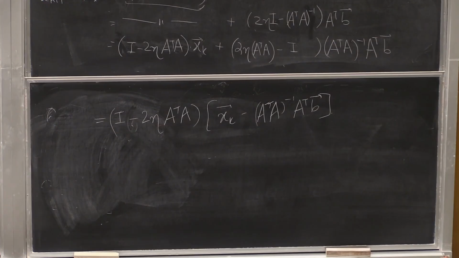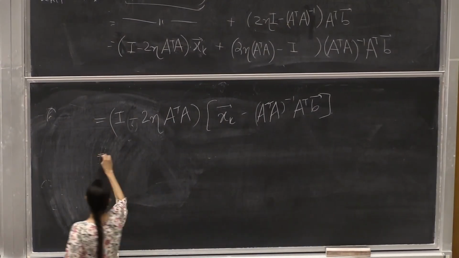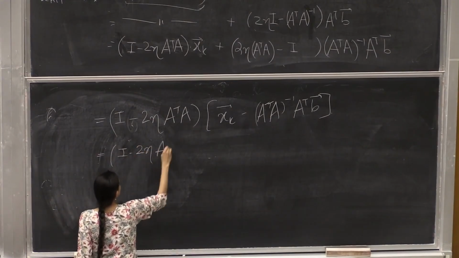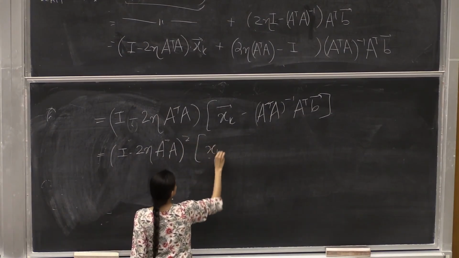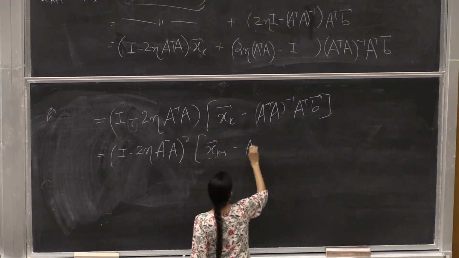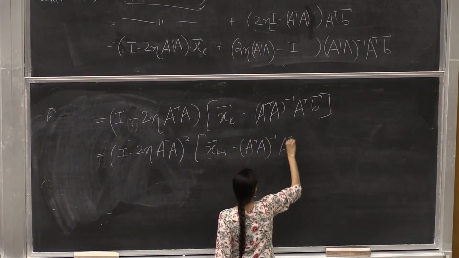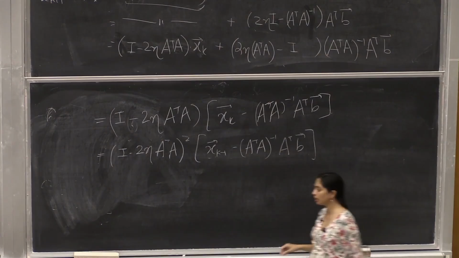So now if I keep taking powers of this, can I iterate on this and say now this is equal to identity minus 2 eta A transpose A squared times xk minus 1 minus A transpose A inverse A transpose B. Just recursively plugging in this formula.